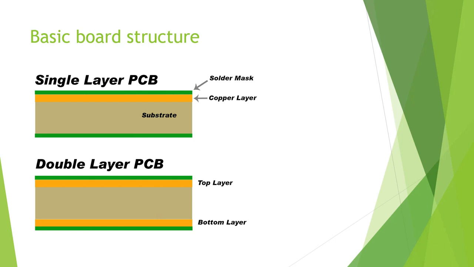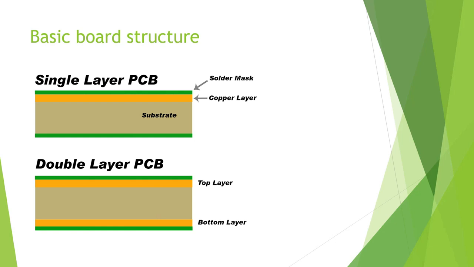FR4, FR1, FR2 and different materials are available according to your PCB requirements. The solder mask is the very top non-conductive part, which shows the references of each component. This is called a single layer PCB.